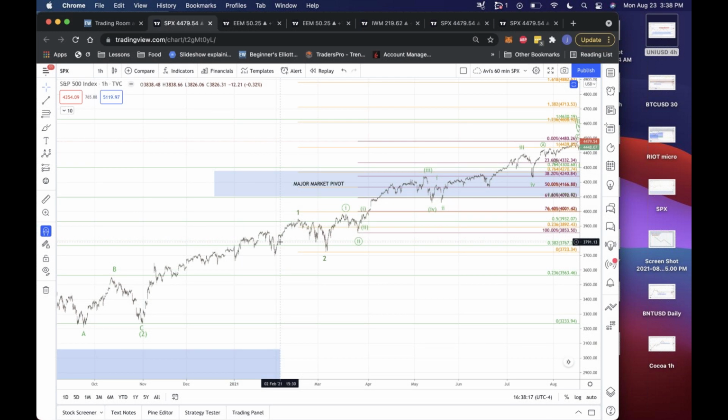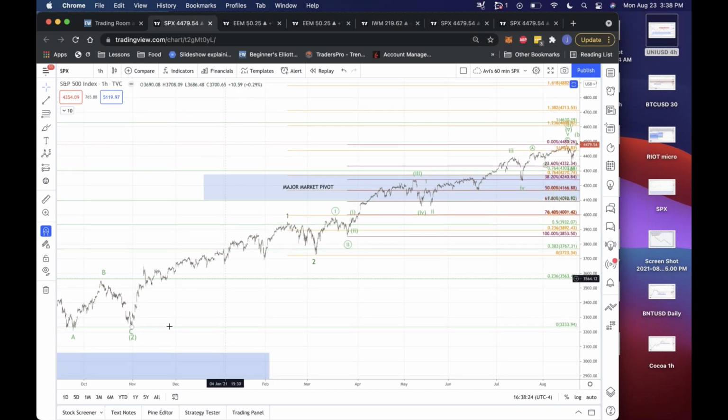And it sets the parameters for the rest of the parentheses wave 3, 4, and 5 and their subwaves. So typically after the 1, 2, we see a wave 1 that targets the 0.382 to 0.618 extension of the wave 1. In this case, this came right up to the 0.500 extension here and pulled back correctively into the March low.